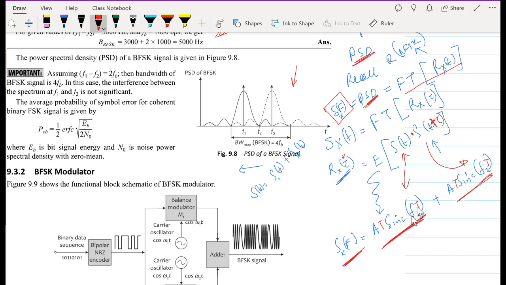where, as we have said, if f1 minus f2, the separation distance, is equal to 2Fb, that would constitute the distance between the two peaks, 2Fb, and you can take that to be the case as mentioned there. But then we also know that there is an additional difference.